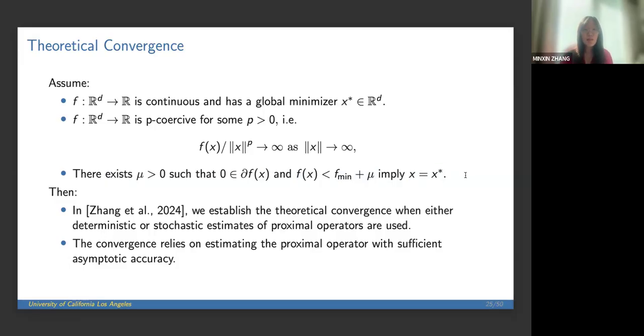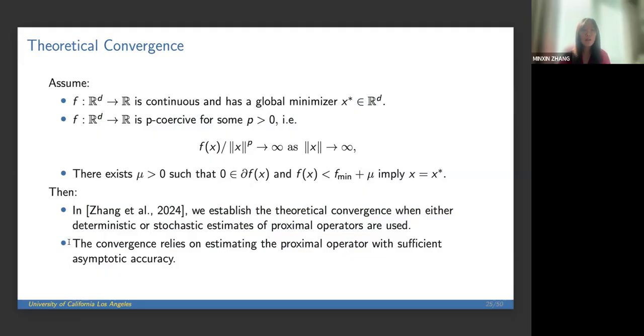Under these three mild assumptions, we established in our paper theoretical convergence: the algorithm converges to the global minimizer when either deterministic or stochastic estimates of proximal operators are used. I'm not going to tell you details about this analysis, but it can be found in our paper.